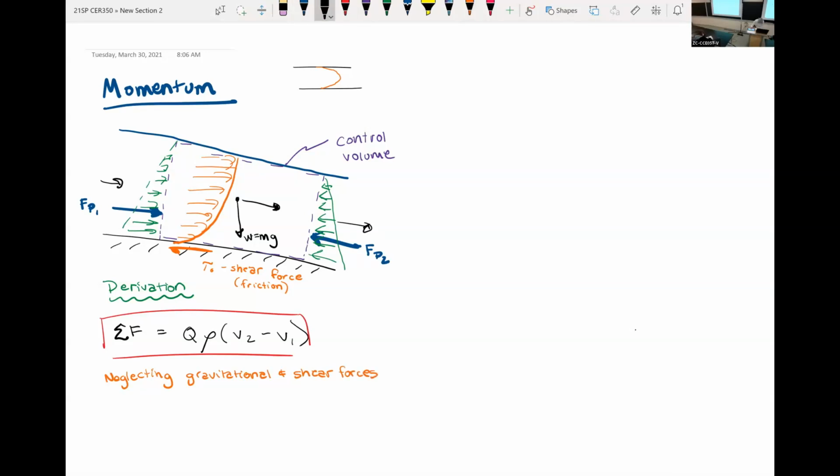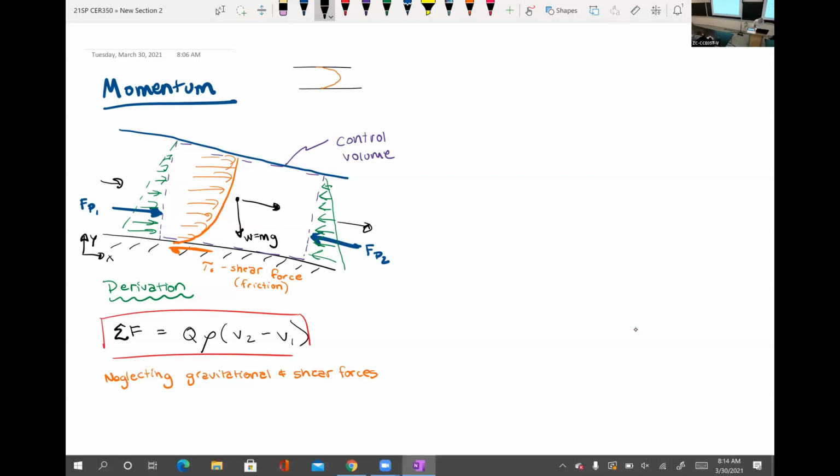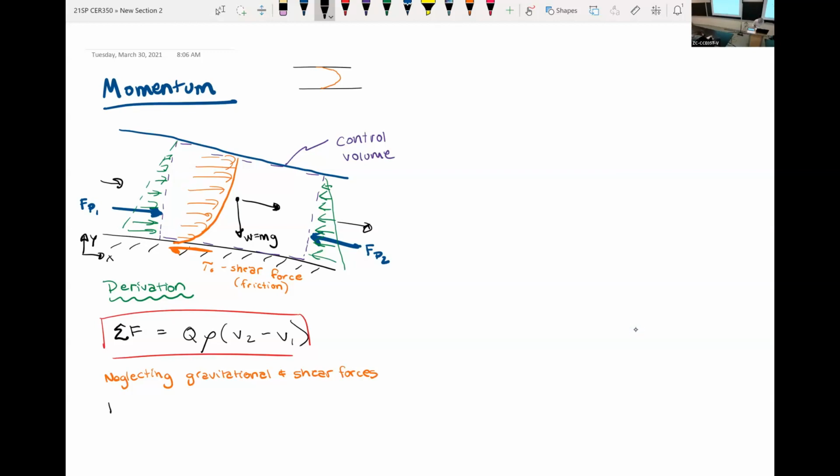And our sum of forces in that case, also I should make sure I draw on here, our X and Y are with the channel bottom, right? So our sum of forces in this case is FP1 minus FP2 equals Q rho V2 minus V1. And how do we find force of pressure? Pressure force is equal to what times what?